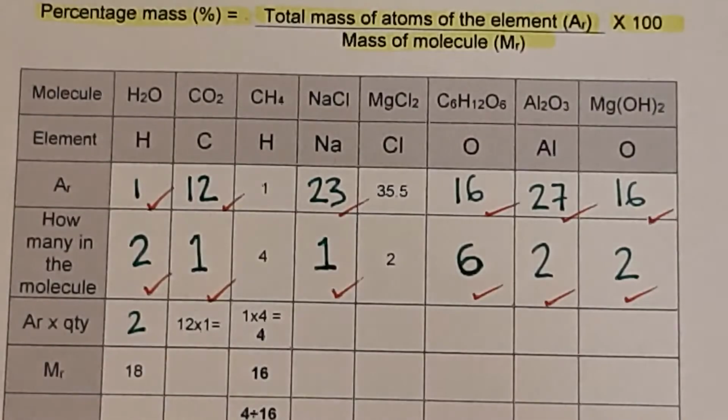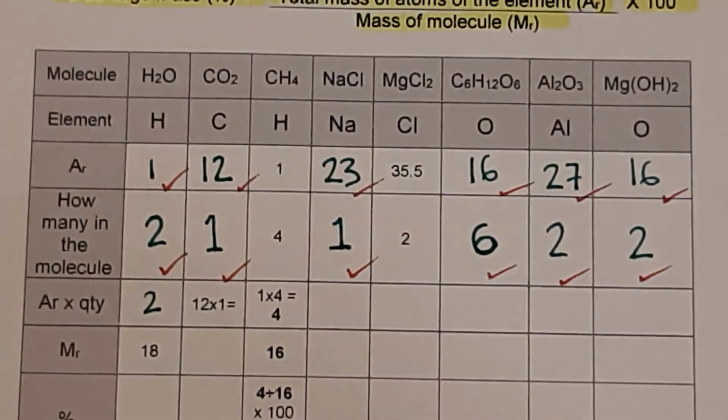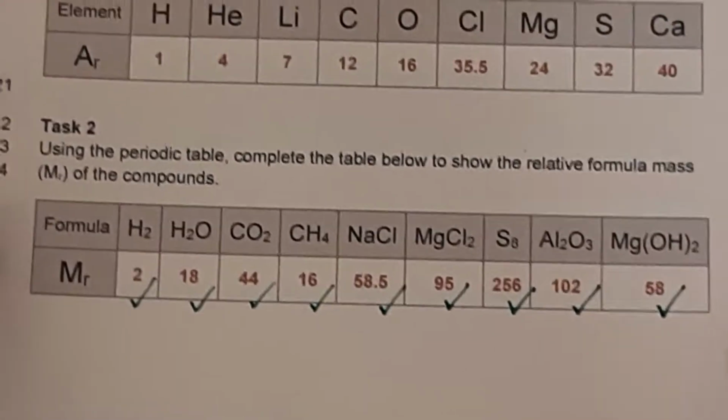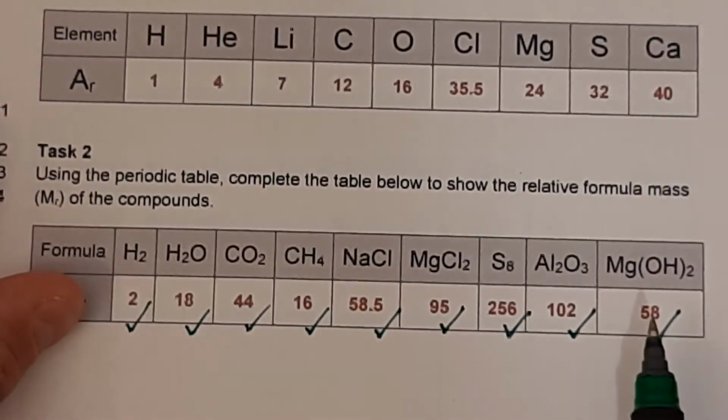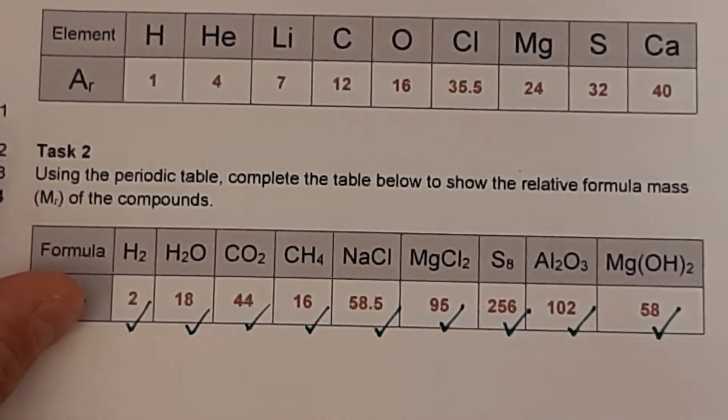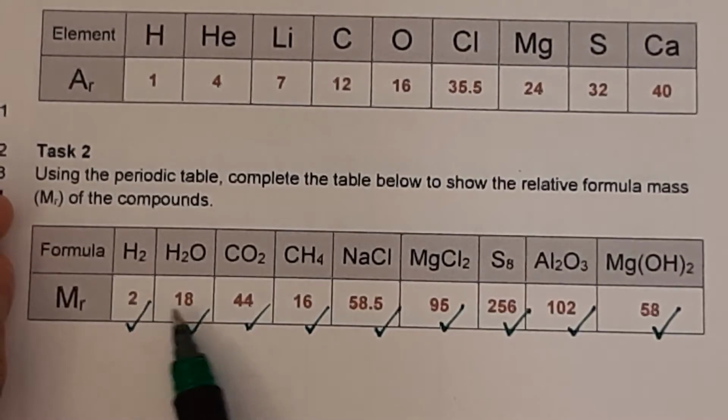I'm going to go back to this version for that. So the total mass of H2O, and again, we've worked some of this out before. This is exactly the same task as we did in task 2, where we worked out the total mass, and some of these you'll be able to calculate fresh again to check you can still do it, or you can just use these ones. So the total mass of H2O is 18.